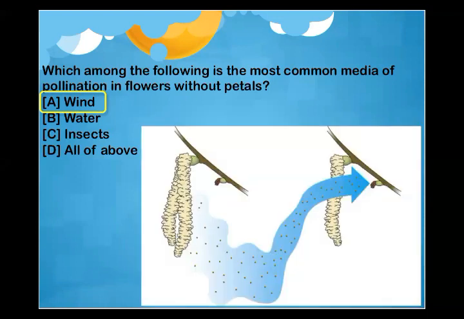Especially the grasses will have spikes like this, so they'll just dust the pollen. The pollen will be carried by the wind and reach the female flower. Even within the plant, as well as across the plant, even across the population, the pollen will be carried by the wind and reach very distant populations of the same species.